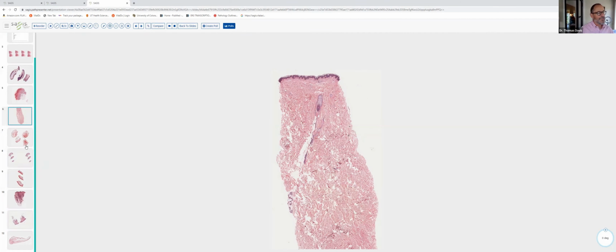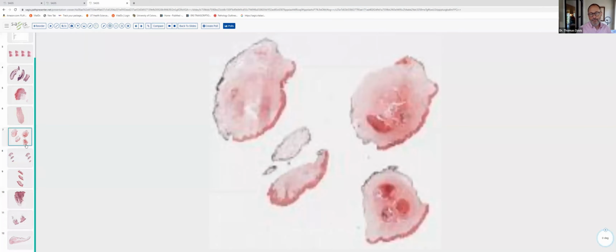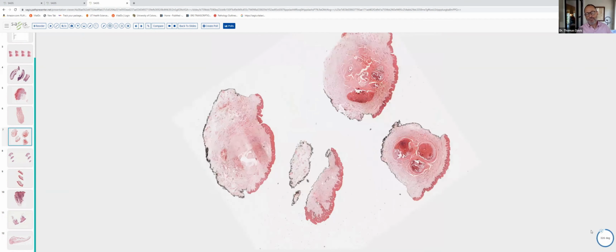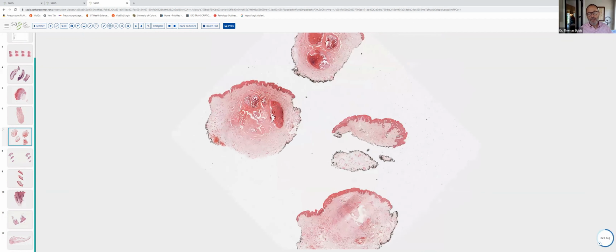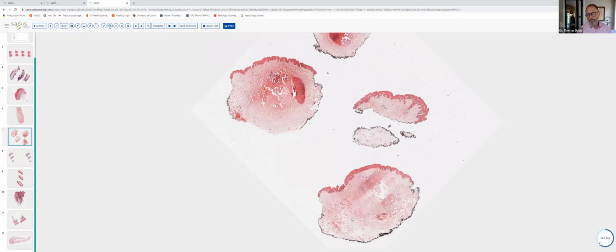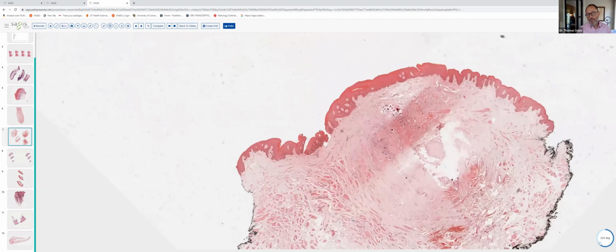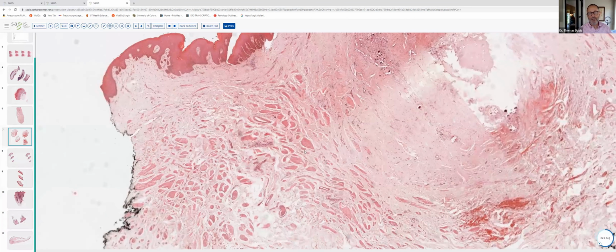Okay, moving on to slide number 5. This was a biopsy, actually from genital skin. There weren't a lot of apocrine glands, but the key to recognizing this as genital skin was the abundance of smooth muscle fibers here.